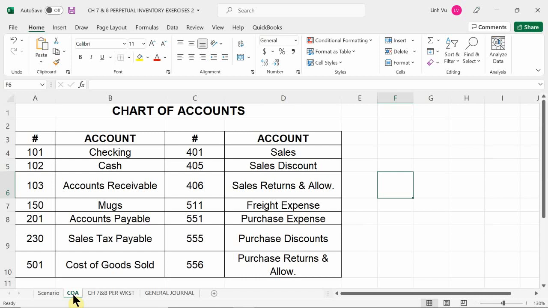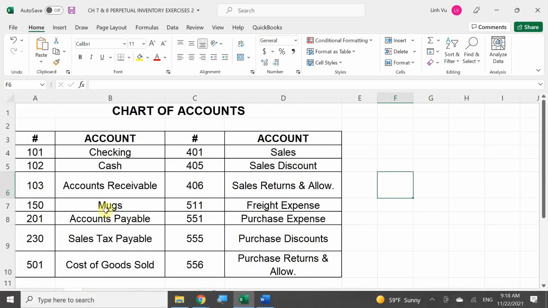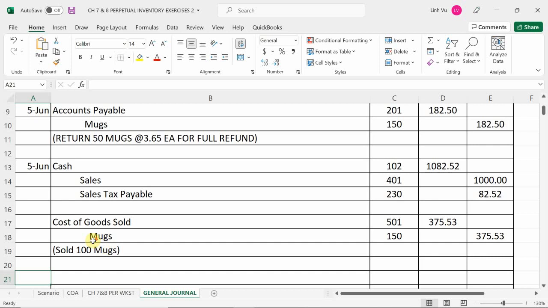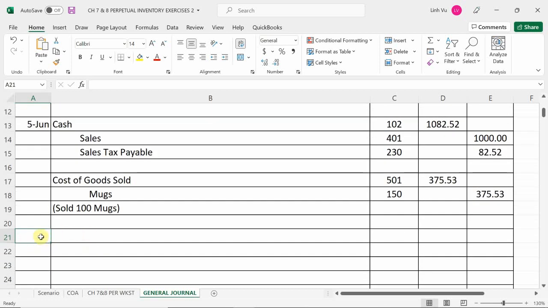Good. Correct, right? This time we're recognizing a sale, but we're not using cash. Instead, we're using it on account receivable. So account number 103. So you're going to do the same thing here, except it's account receivable.